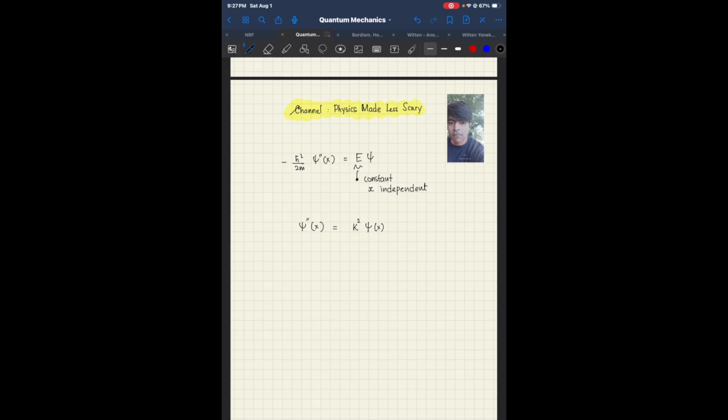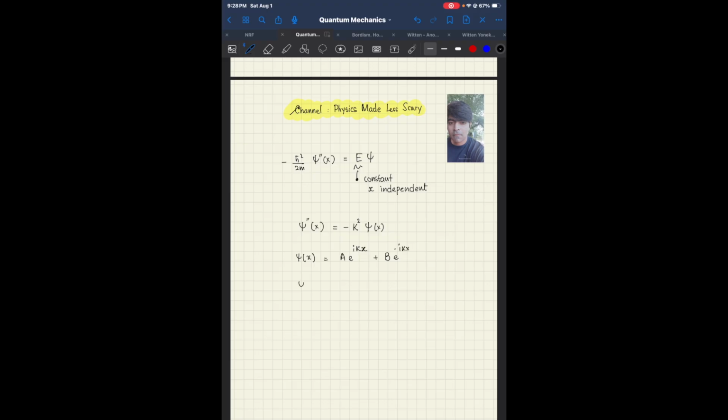Well, now this is in the outside region, and the solution of this, you already know what the solution of this is, right? The solution of this would be given by psi of x. Can you tell me what the solution is? Or is it a minus? You see this, right?